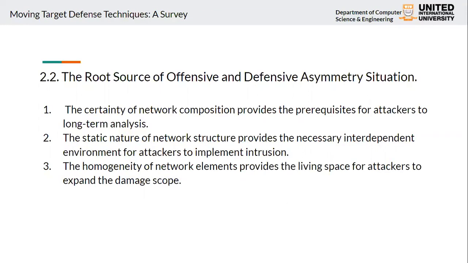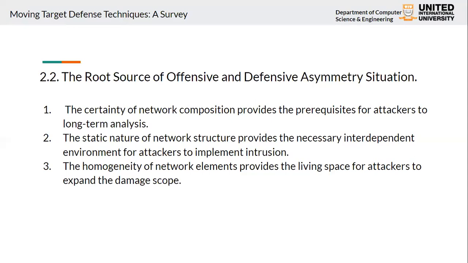We will try to describe this author's section in three different subcategories. Number one is that the certainty of network composition provides the prerequisite for attackers in long-term analysis. The attackers can pinpoint the targeted system by collecting information in a network. And after that, more influential security threats can be created by combining all those aspects.